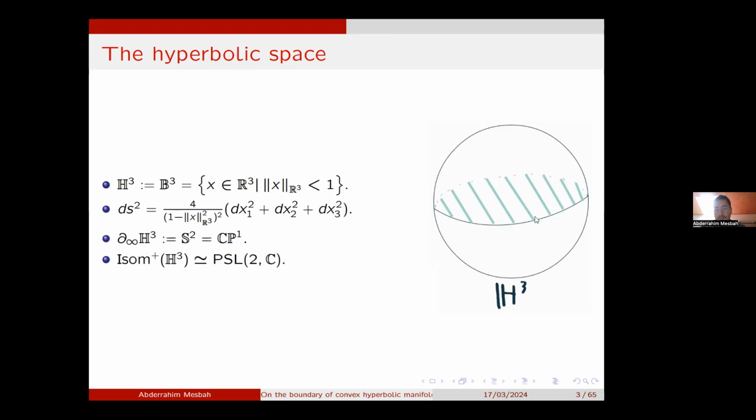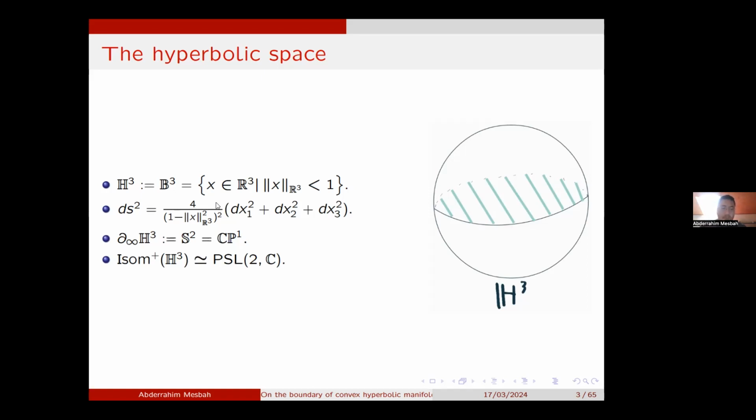So the ball with this metric is a complete space, and it has infinite geodesics because the conformal factor goes to infinity when you are closer to the boundary. So if you take a geodesic from the boundary to some point inside the ball, it has an infinite length.